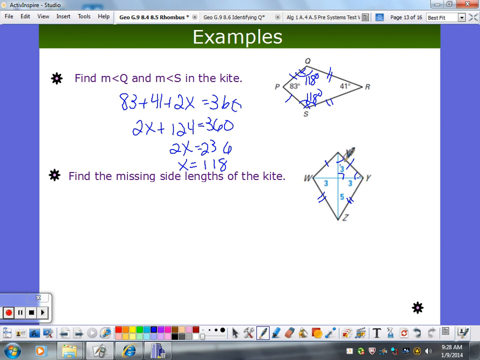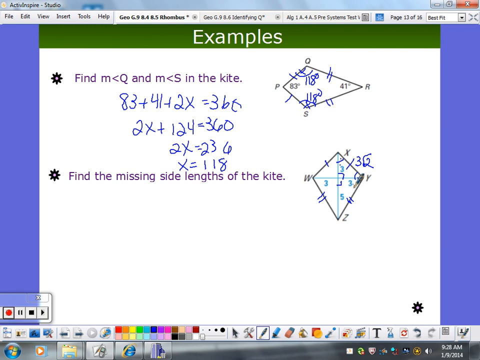I've got a 45, 45, 90. How do I find the hypotenuse if I know the side? 3 radical 2. Remember that? You mean this stuff does not go away? No, it does not. That was easy, because we know that special triangle, at least I hope we do.